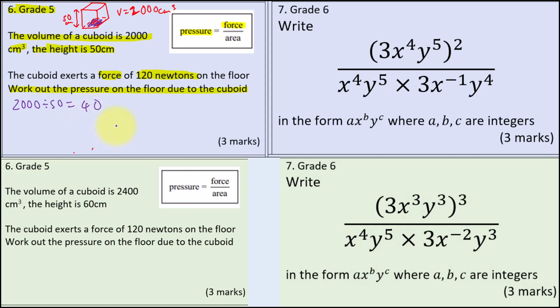So we use the formula. Pressure equals the force, which is 120 over 40, and we get the answer of 3. That's it. Now pause the video and try the question below, and then I'll give you the answer.